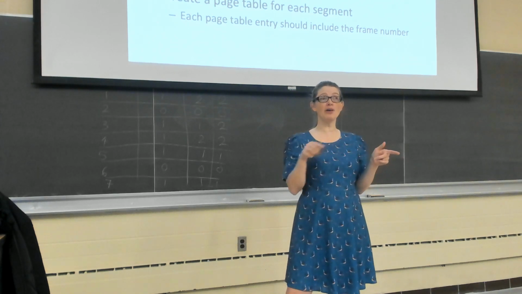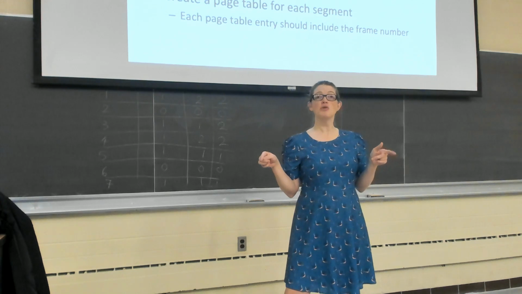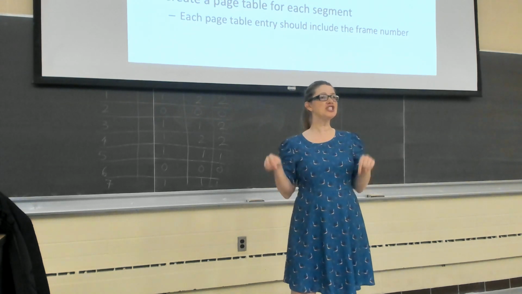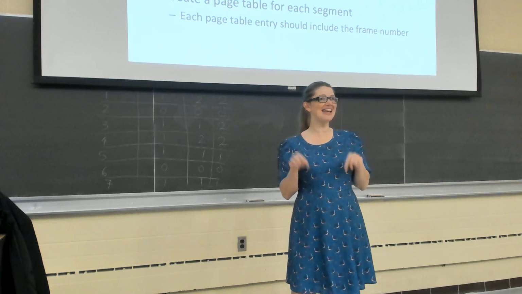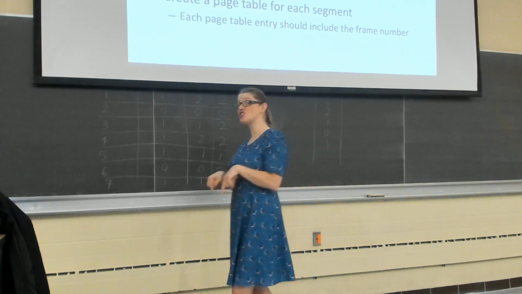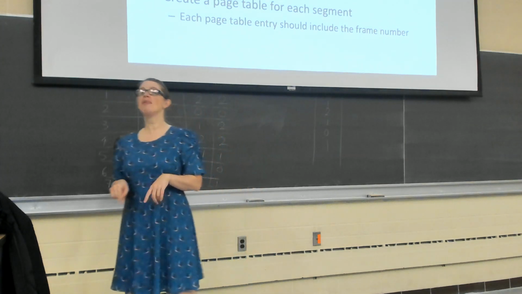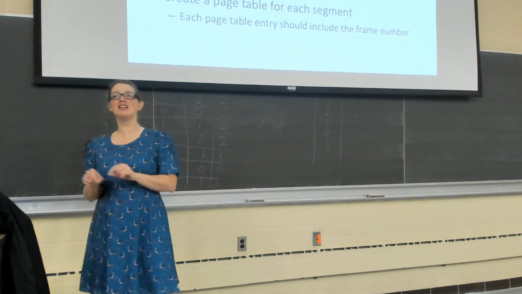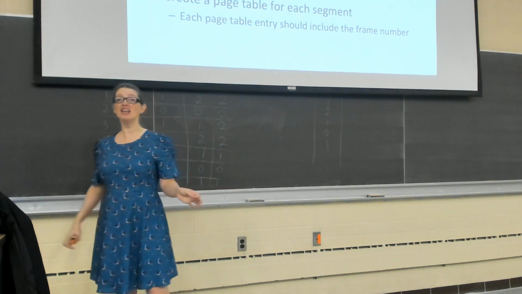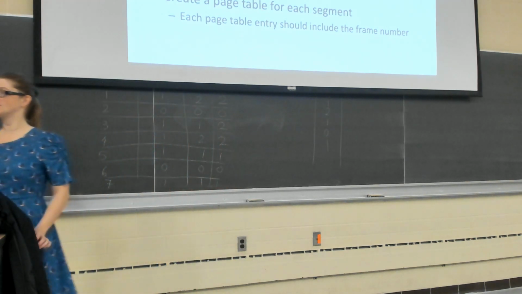So you only need one page table entry for each of them. We don't need a page table entry for every possible page. Just the ones we are using, and we know exactly which ones those are. So our page tables are actually quite efficient, because they are only storing exactly the things we need to know and nothing else. So you don't need to store a valid bit or anything like that.